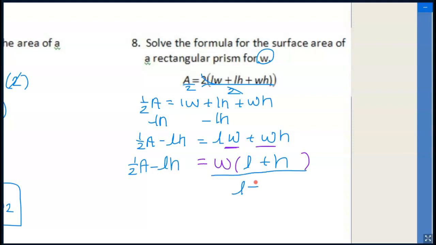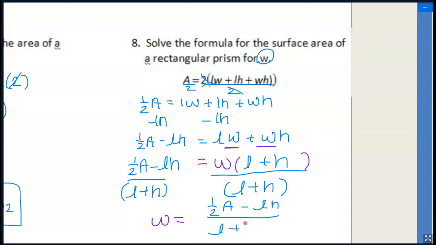And then we're just going to divide both sides by L plus H. And we get W equals 1/2 A minus LH, all over L plus H.